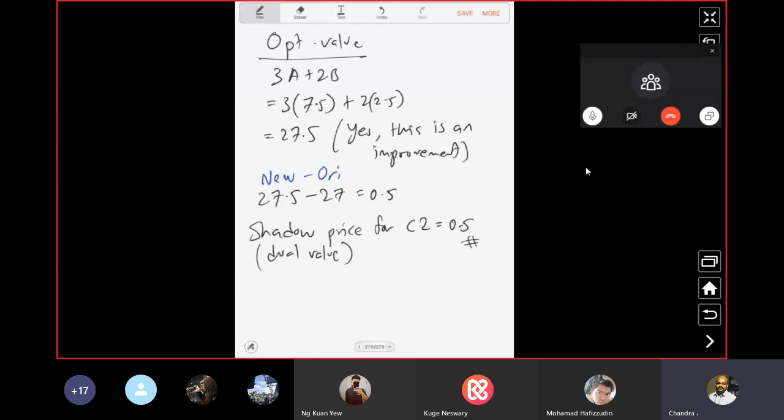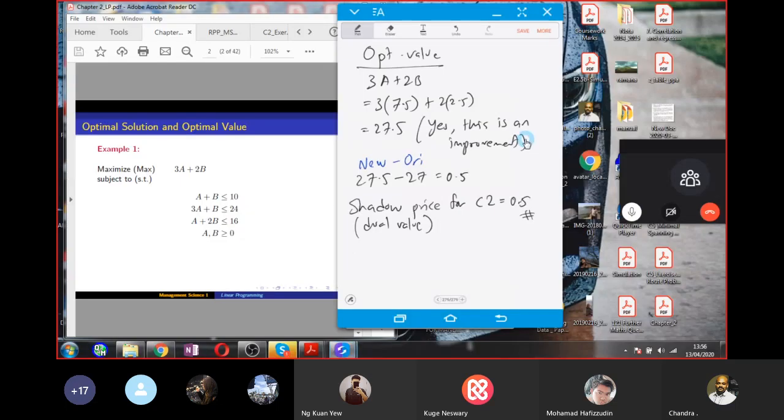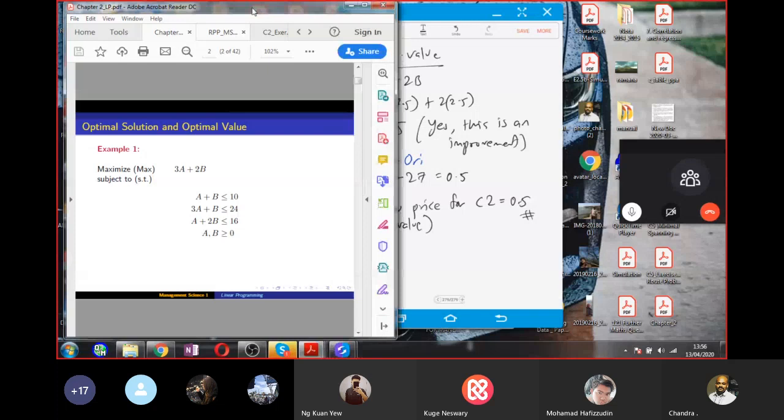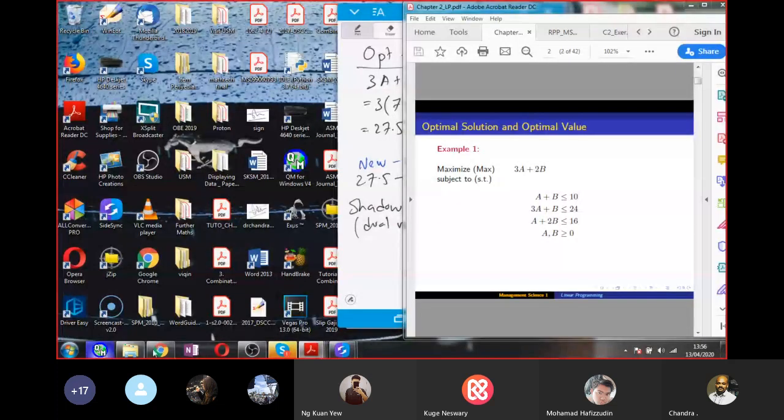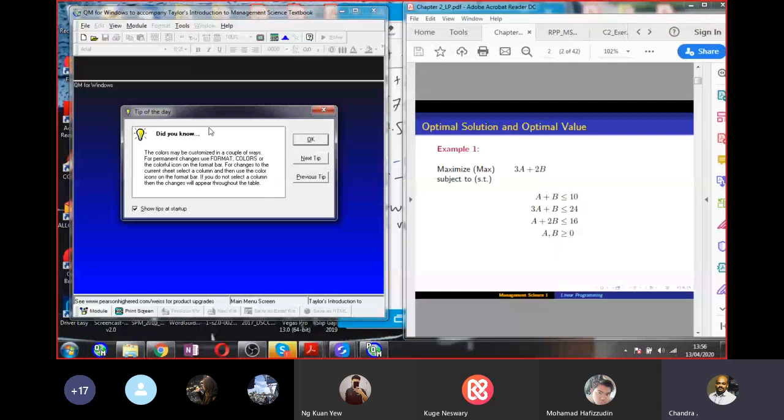Okay, now before I go on with further discussion, let us try to do this with the QM software. I'm going to show you how to find the shadow price or dual value in QM software.